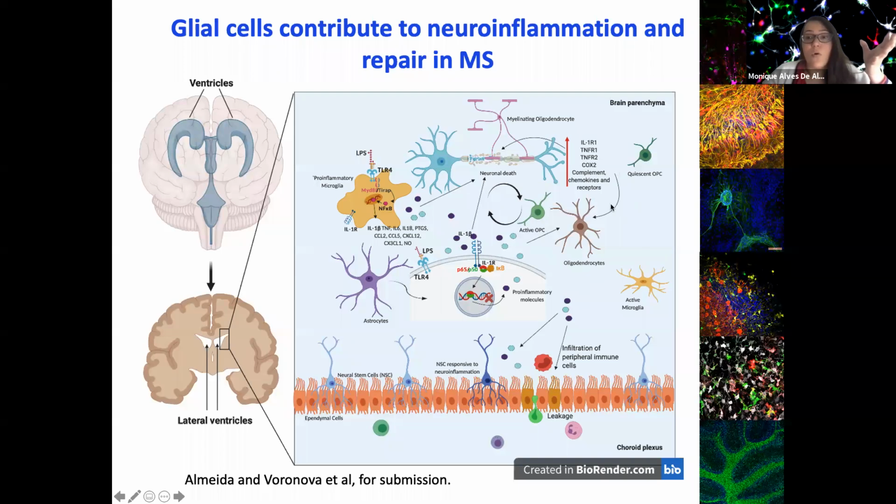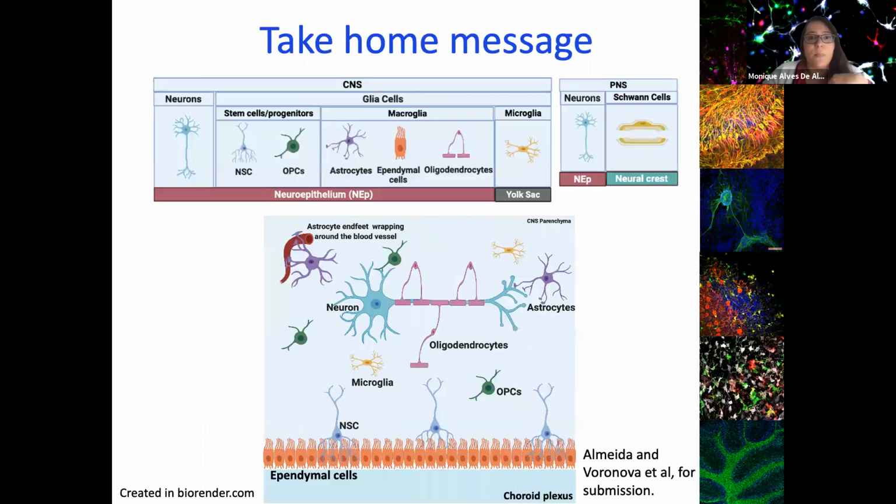In MS, OPCs fail to differentiate because there are lots of signals given by different immune cells in the CNS. Demyelination, which is the loss of oligodendrocytes, will lead to exposure of the axon and later degeneration, which characterizes the late stages of MS.